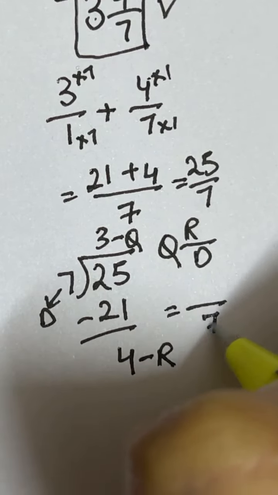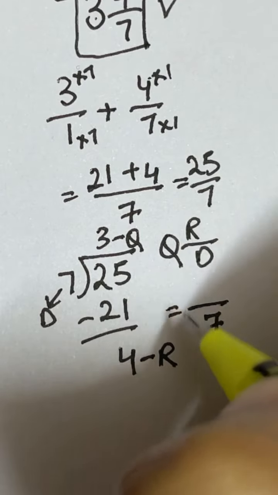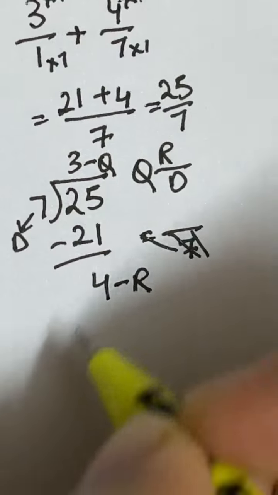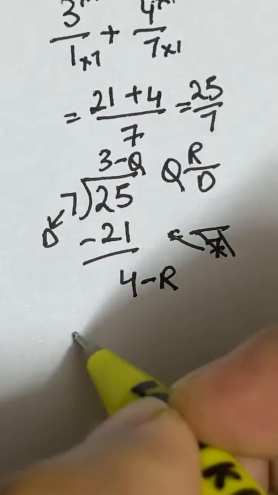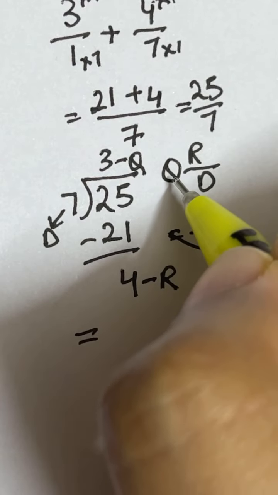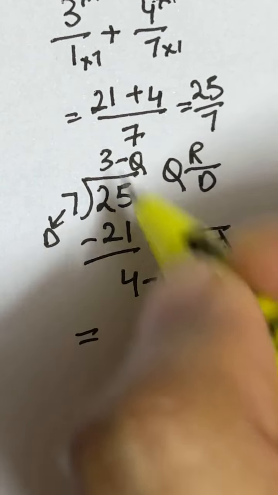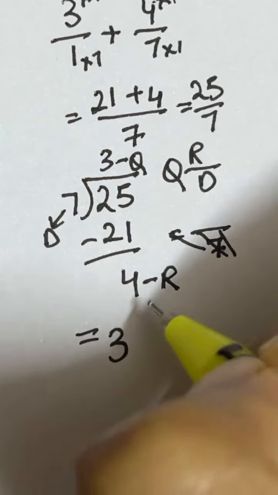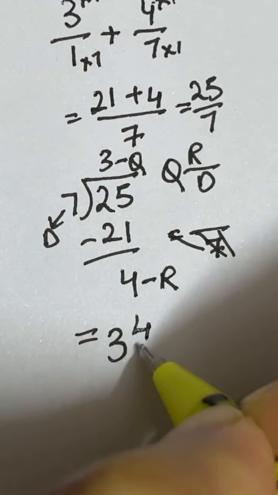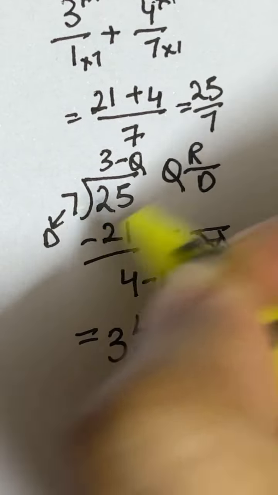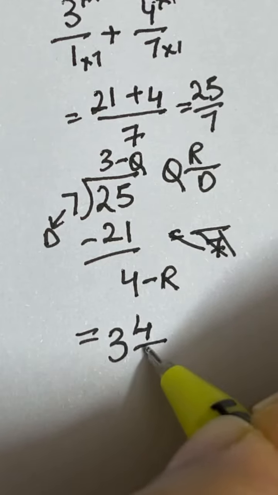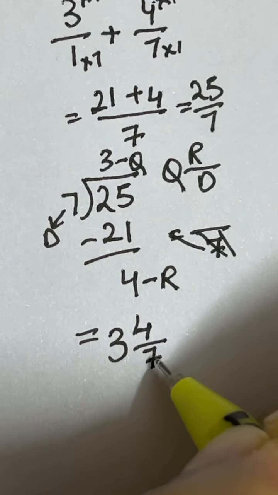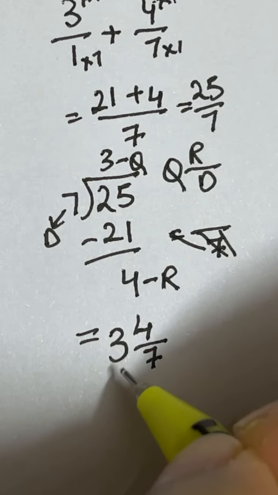Let me write it down here. That's QRD. In place of Q, I'm going to write the number 3. That's our whole number part. The remainder is 4, so I'm going to write the 4. And D is for divisor or the denominator, which is always the same. So 3 and 4/7 is converted back to a mixed number.